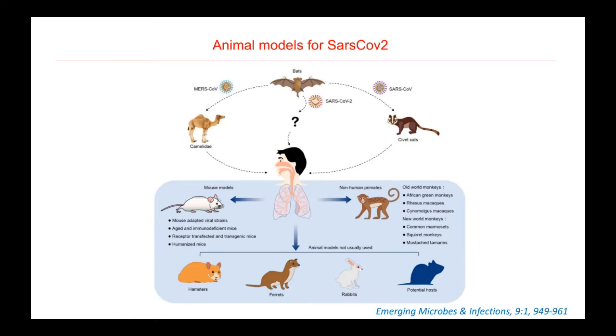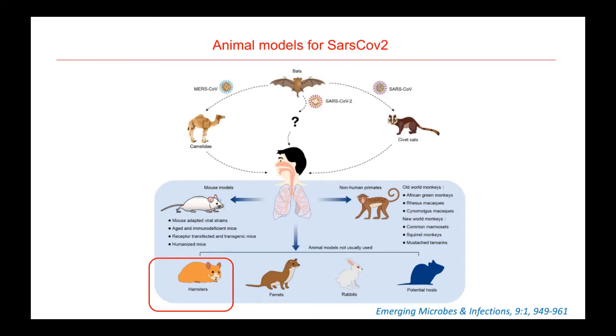I think one of the models that is coming out very nicely is the hamster model. Normal mice like C57 or BALB/c are resistant to SARS-CoV-2 because ACE2 does not fit that well with the RBD.